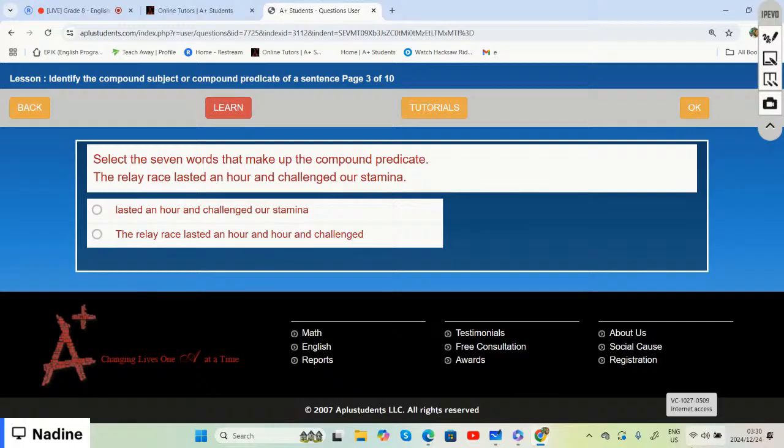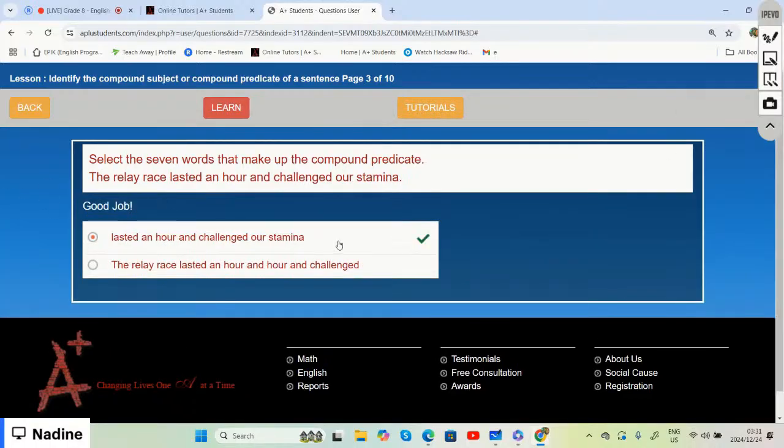Or is it option two, the relay race lasted an hour and challenged? Okay. And if we were to choose the correct option, then we'll choose option one, lasted an hour and challenged our stamina, our compound predicate.